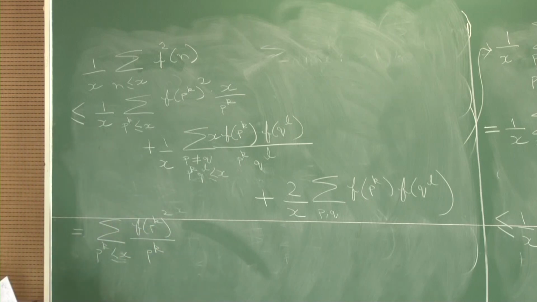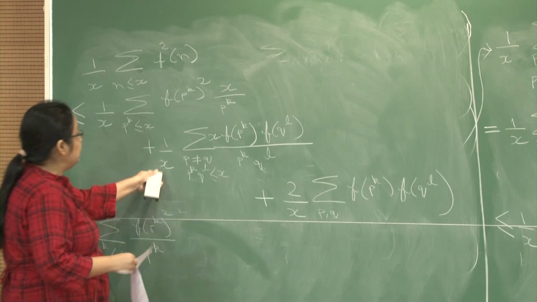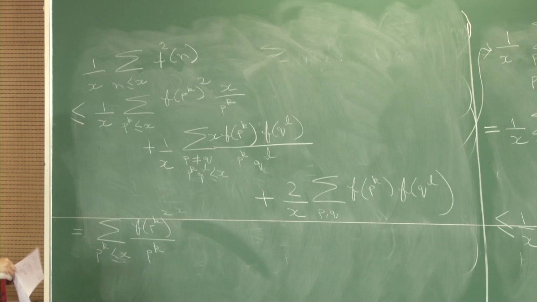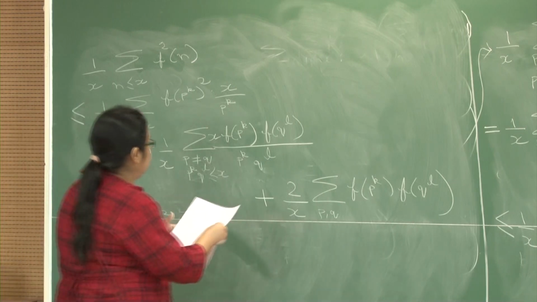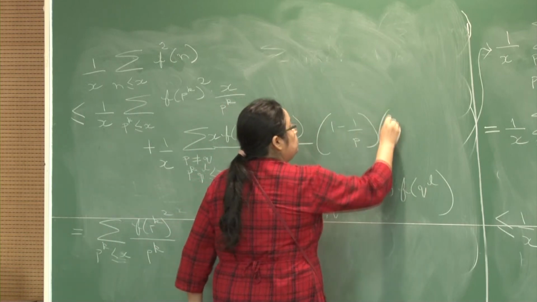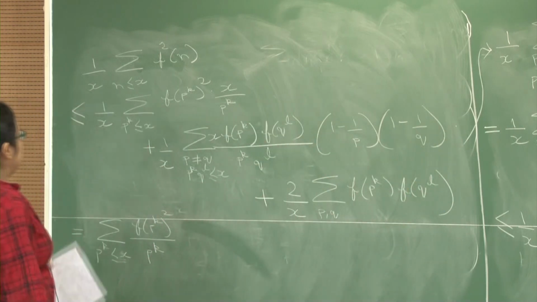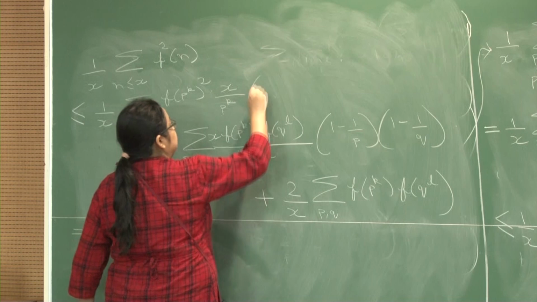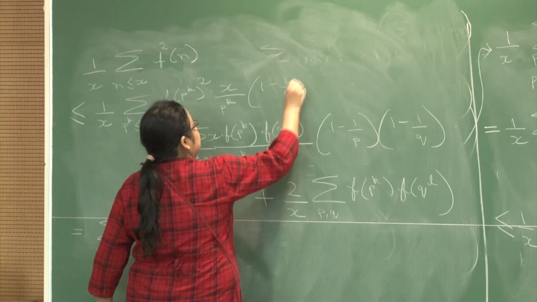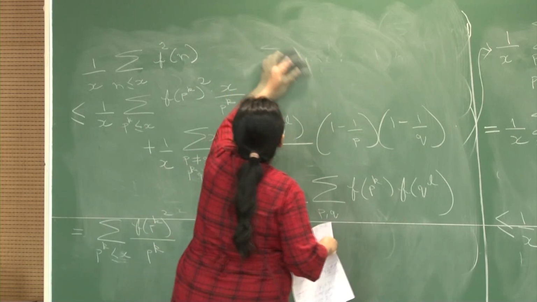Recall this is just the square of d of x. What about the next one? Again, your x and x will cancel away. What you have is, oh, I missed again, 1 minus 1 by p into 1 minus 1 by q. No, here we are just taking upper bound, so we are fine.